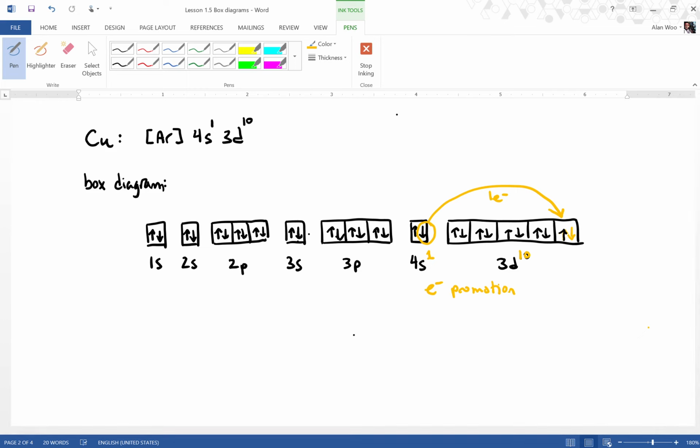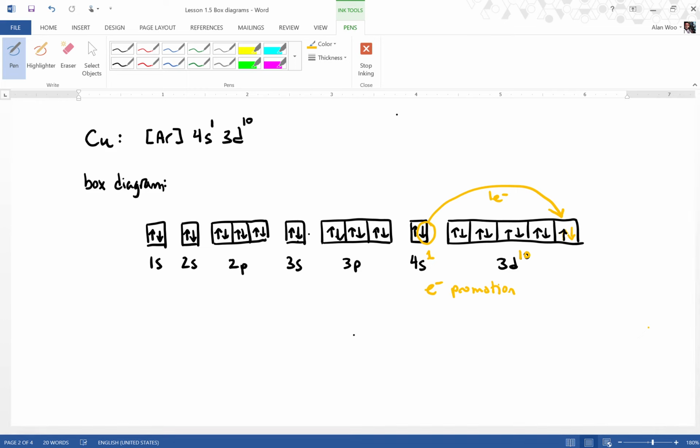The only problem with this is that if you're drawing p orbitals, you have to make sure that the circles connect with each other. So if you did something like this, this would be 2p3. This would not be 2p3. There's a gap in between each of these.